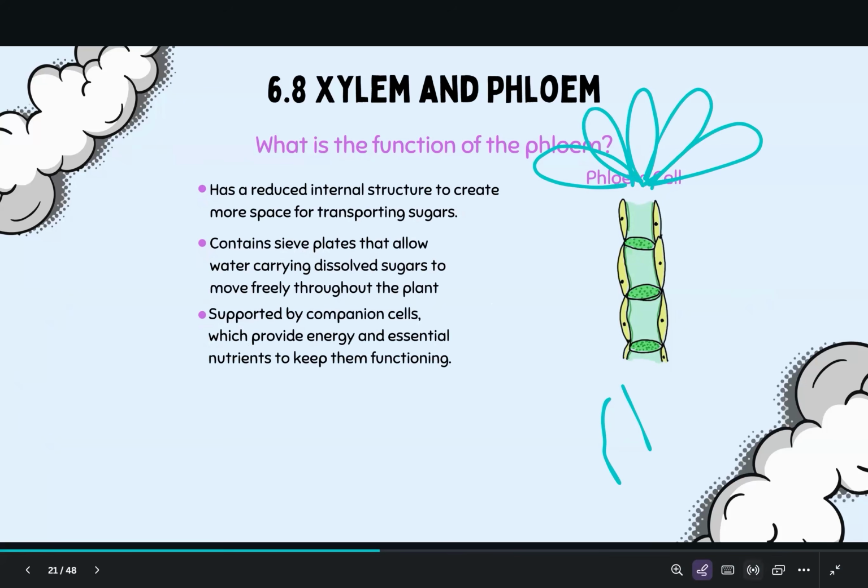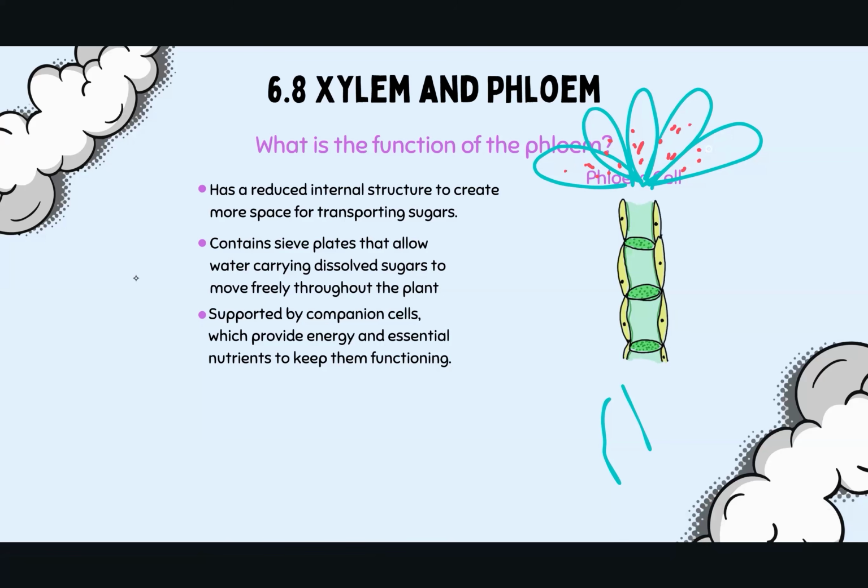And I'll show glucose as red. Now the rest of the plant needs glucose. Can anyone tell me which process we need glucose for?